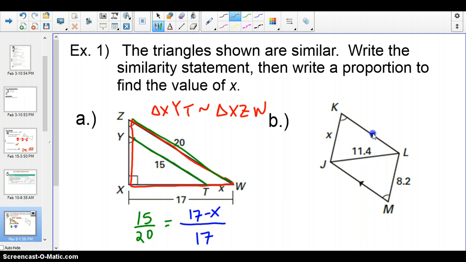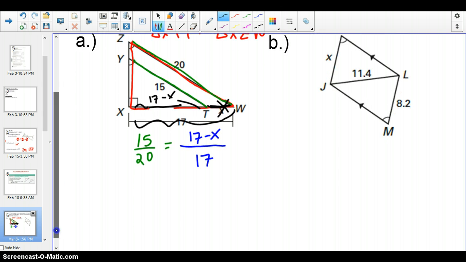I got the 17 minus x from looking at this base. This whole base is 17, and if this little part here in black is x, then this little part here is 17 minus x. That's important because it's the leg on one of my triangles. If you solve this proportion, you should get x equals 4.25.